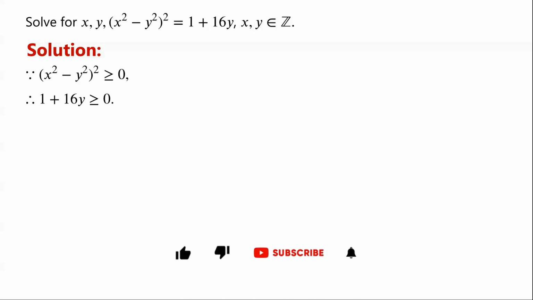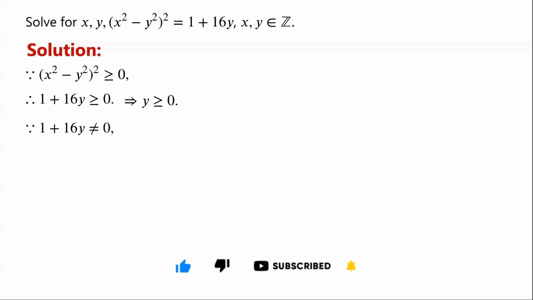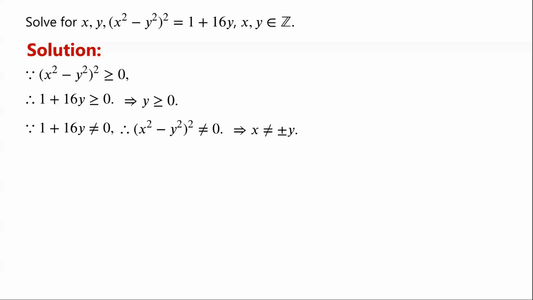As y is an integer, y must be greater than or equal to 0. In addition, because 1 plus 16y cannot be equal to 0, x squared minus y squared all squared cannot be equal to 0. That is, x squared cannot equal y squared. This implies that x cannot equal plus or minus y.